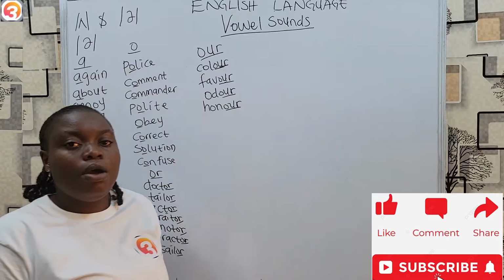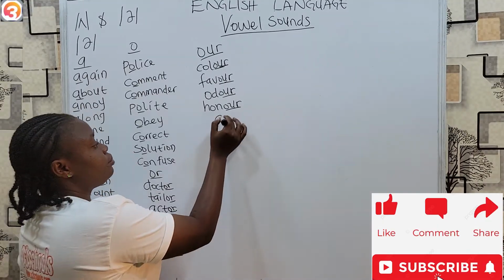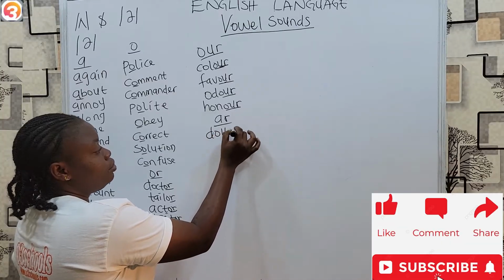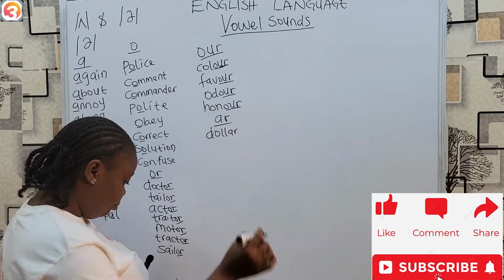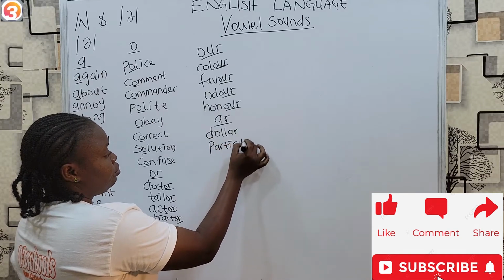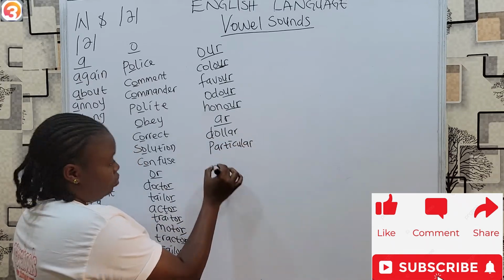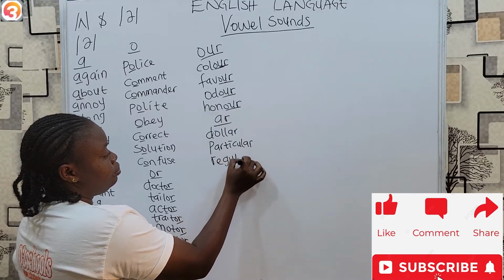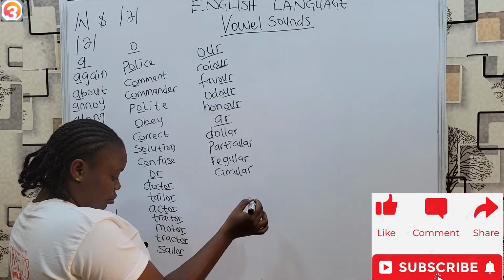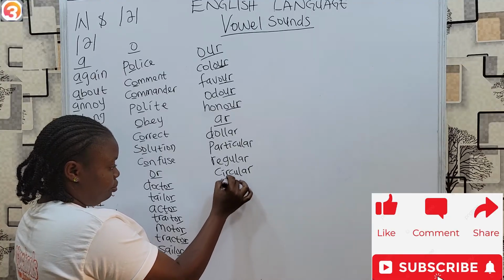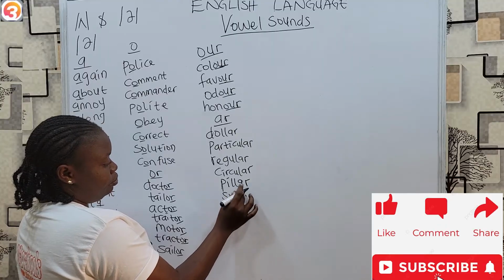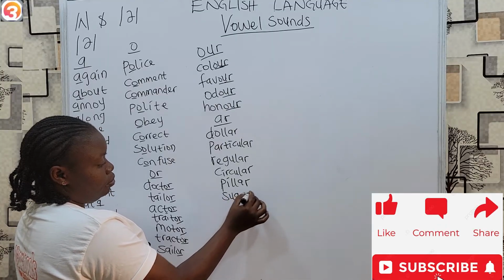We also have words that end with AR, like dollar, sorry, dolly, particular, regular, circular, peeling, sugar, beggar.